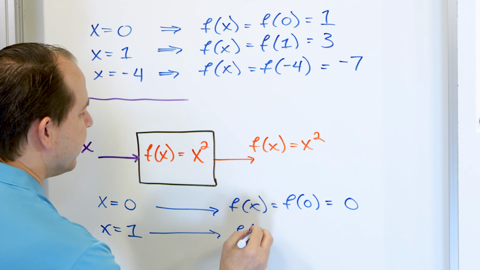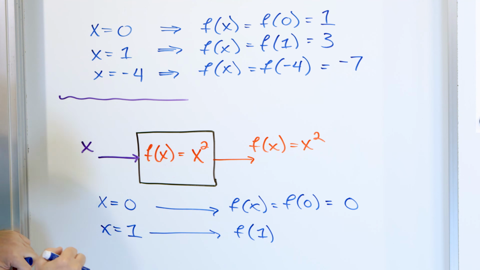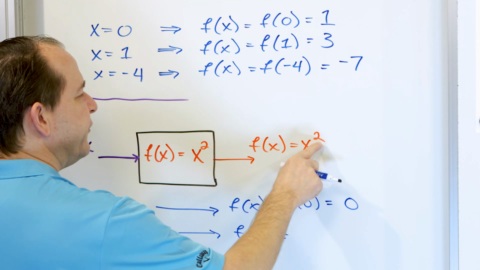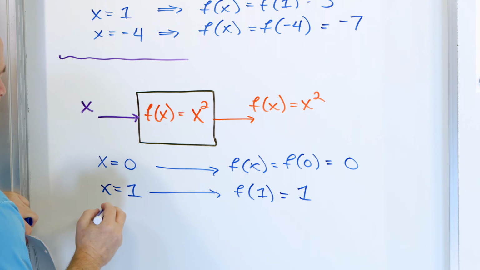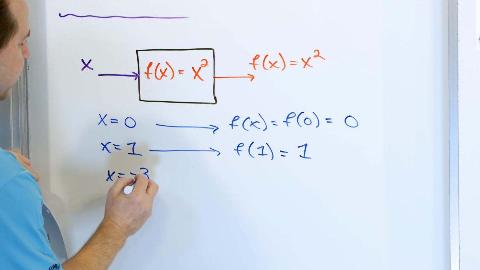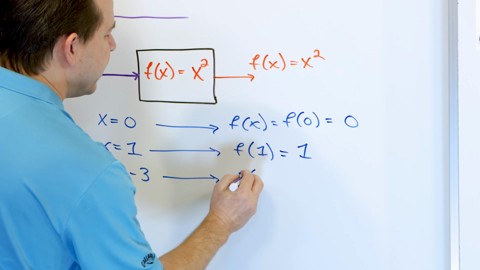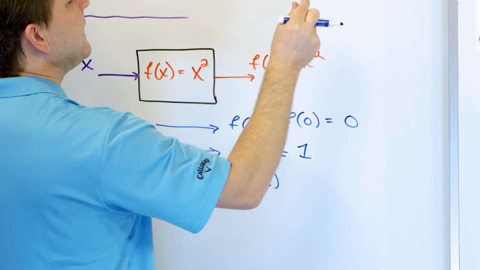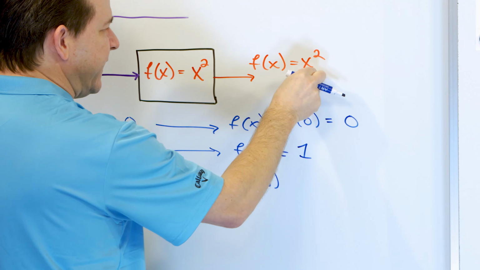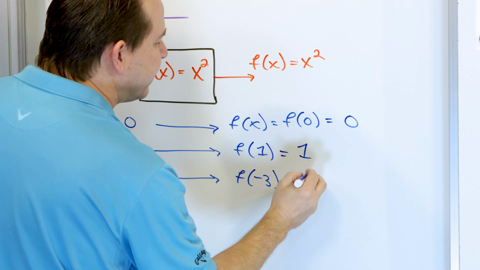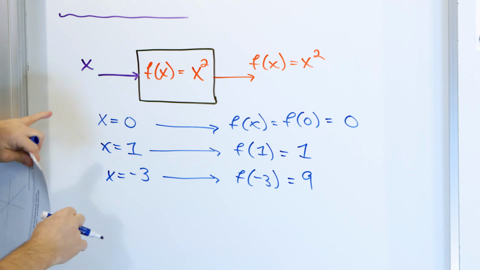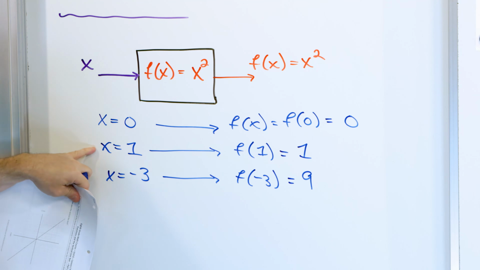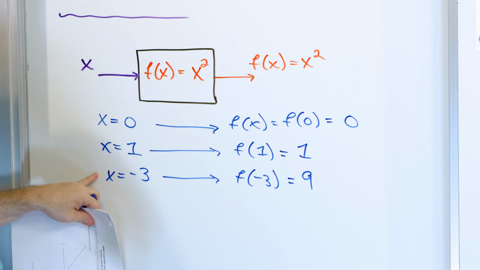Then f evaluated at 1, f of 1, is equal to 1 squared, which is just 1. What if I put a negative number in here, negative 3? Then f evaluated at negative 3 means negative 3 times negative 3, because x is negative 3. And that's going to actually be a positive 9. So 1 input, 1 output. 1 input, 1 output.